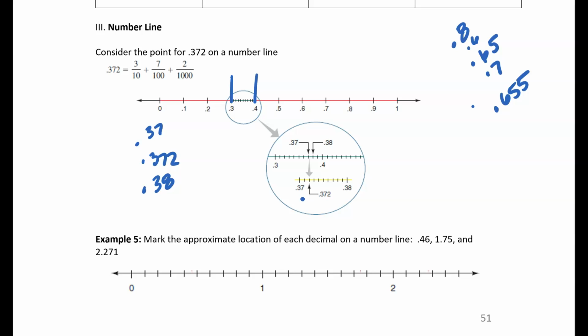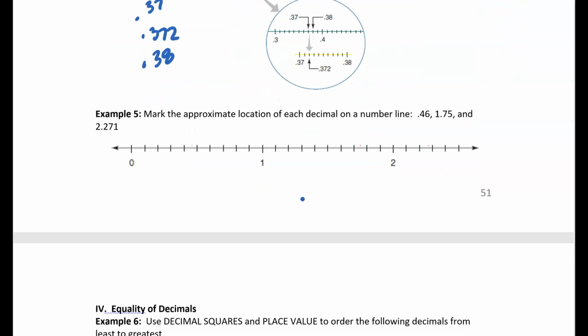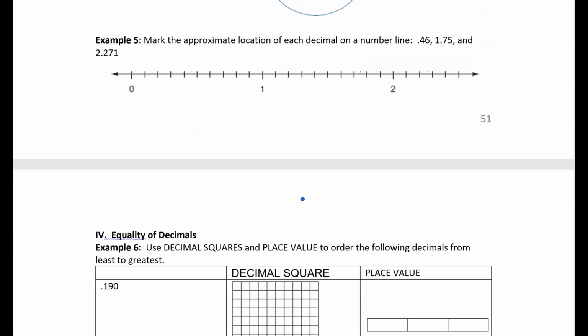So why don't you try example 5, and then I'll do it here and you can come back and check your work. So we're trying to find where these numbers would be on the number line. So the first thing I'm going to do is look at the numbers that are given, and I'm going to try to figure out what these dashes represent. So if there's 1, 2, 3, 4, 5, 6, 7, 8, 9, 10 between 0 and 1, then I know these are all tenths.